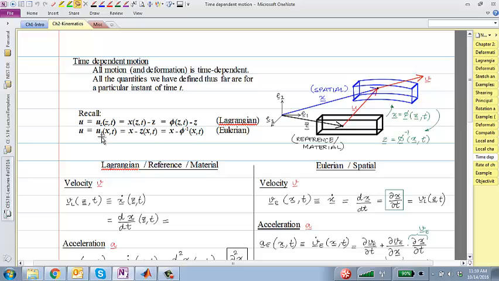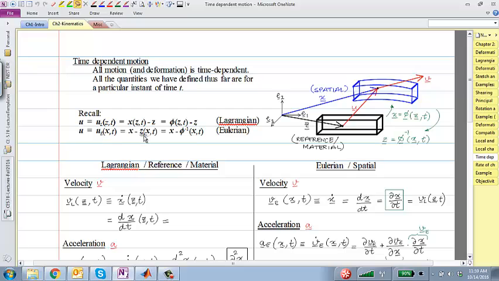At a slightly later instant of time, as the body is deforming, a different material point comes to that point. So I fix my attention to a point in space, which I'm calling X, and as the material is deforming, the material is sort of flowing through that point.